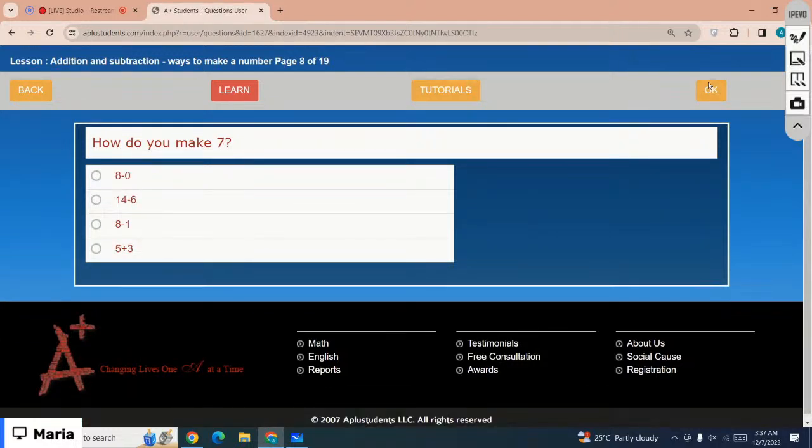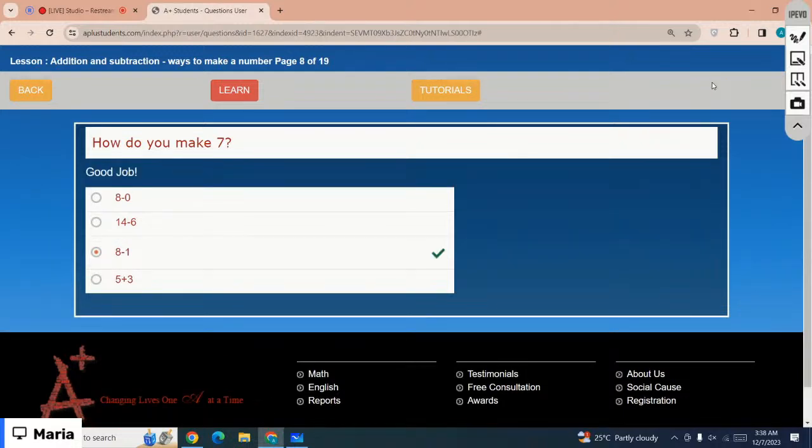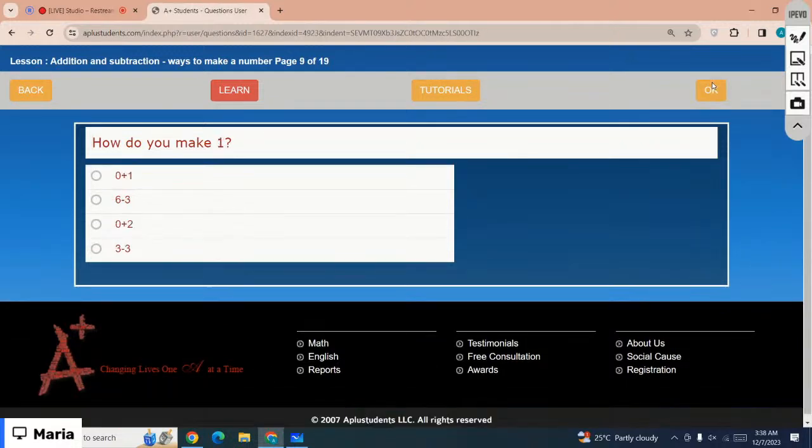Okay, how do you make 7? Which is the correct option? Yes, that is 8 minus 1 equals 7. Option number 3 is the correct option, right? The next one is how do you make 1?